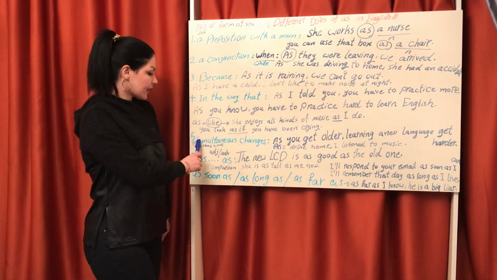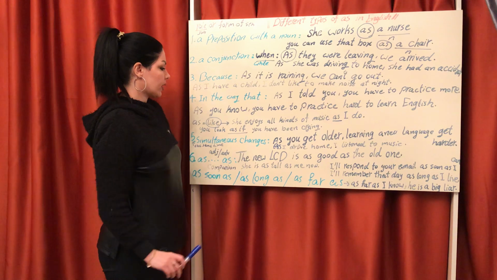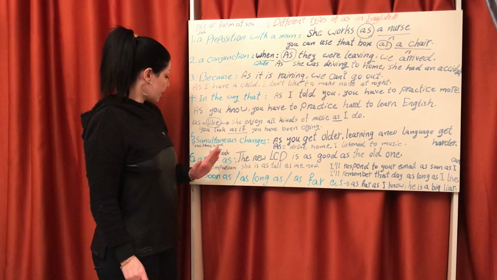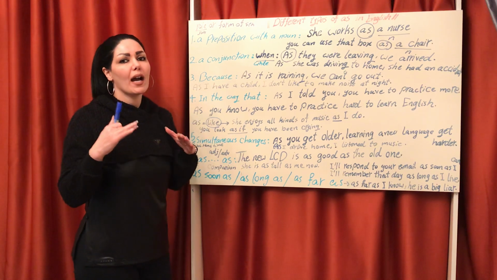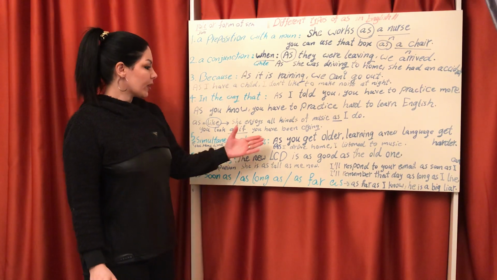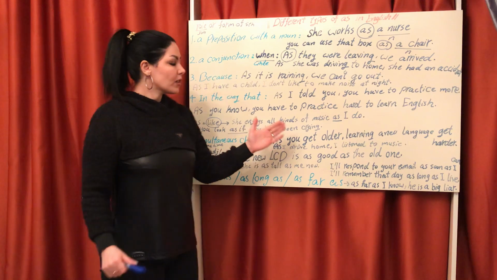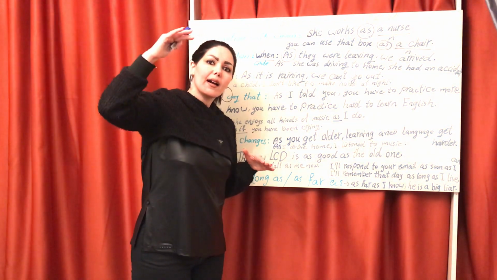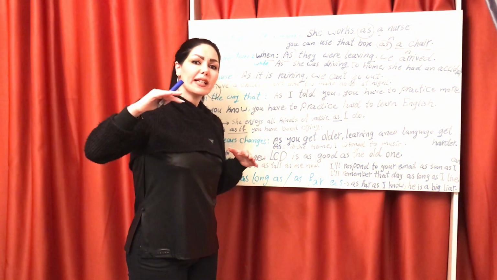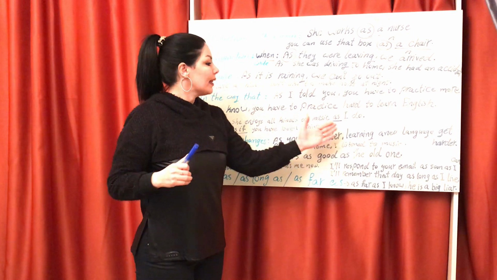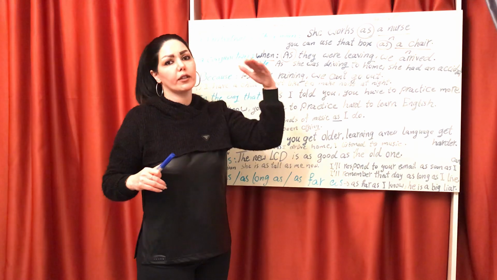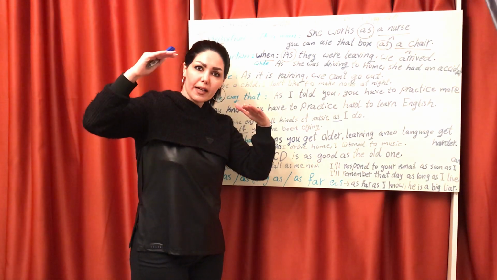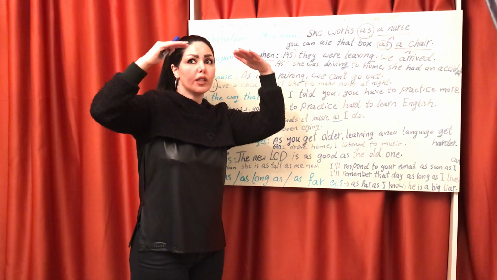Number five, simultaneous change. Simultaneous change means two actions happen at the same time. For example, look at this sentence: as you get older, learning a new language gets harder. You get older and it gets harder, together.